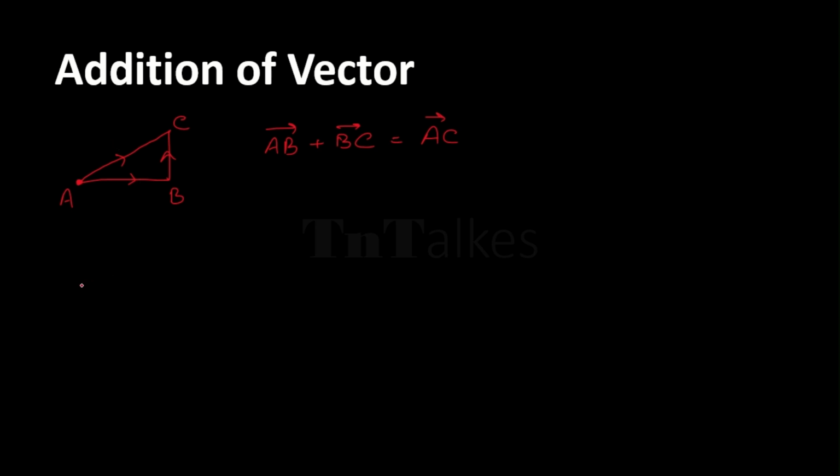What if the sign is opposite, like this? Then the formula is AB plus BC plus CA equals to 0.